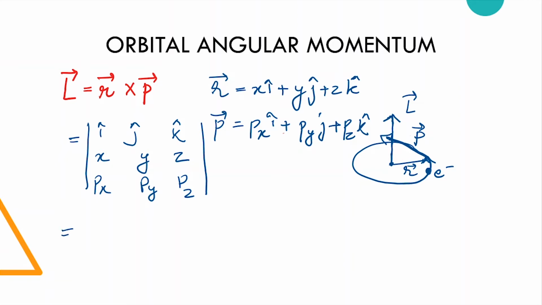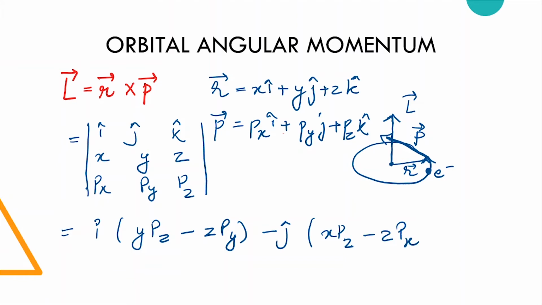So we are generalizing, and our expression becomes something like (y pz minus z py) i cap, and then minus j cap (x pz minus z px), plus k cap (x py minus y px). So we get the different components.